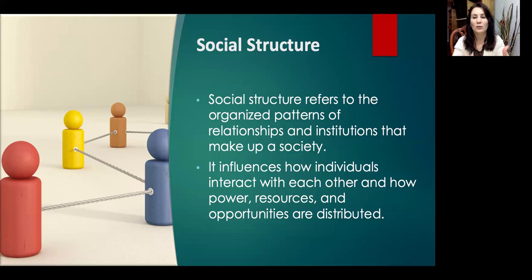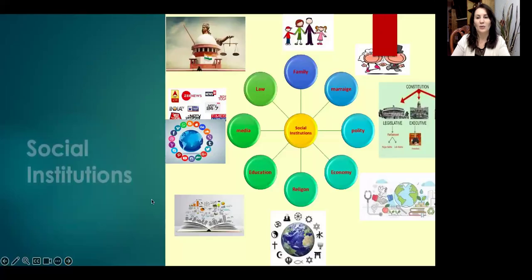All these webs of interactions make social structure. It influences how individuals interact with each other and how power, resources, and opportunities are distributed. So who's getting more in this society and who's getting less is based on the structures. We will look into this deeper during our conversation.